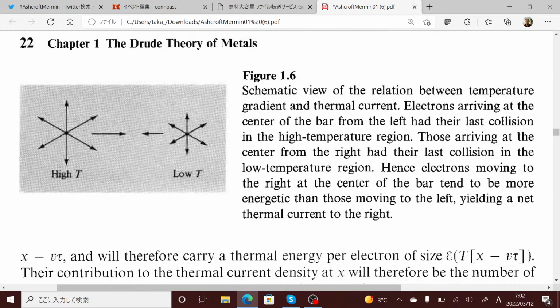Those arriving at the center from the right had their last collision in the low temperature region. Hence, electrons moving to the right at the center of the bar tend to be more energetic than those moving to the left, yielding a net thermal current to the right.